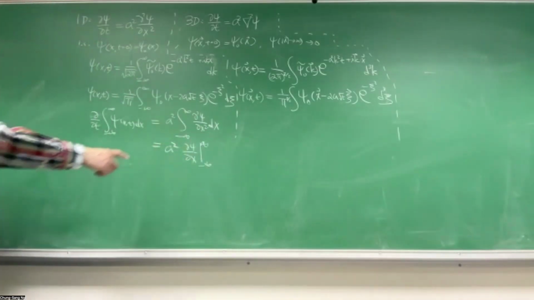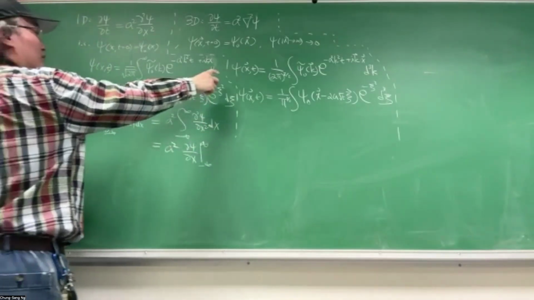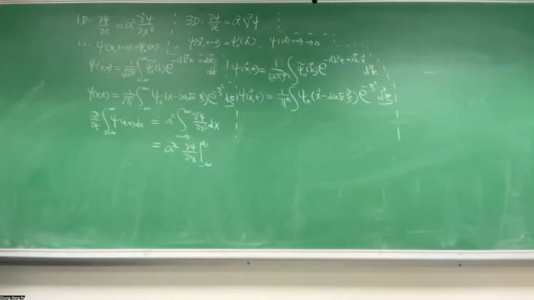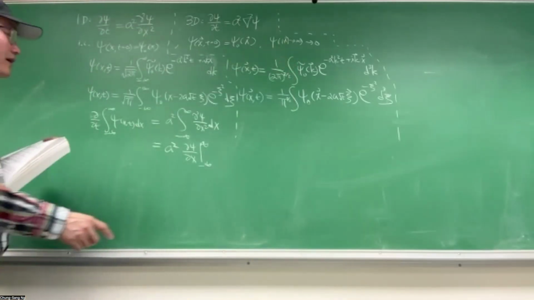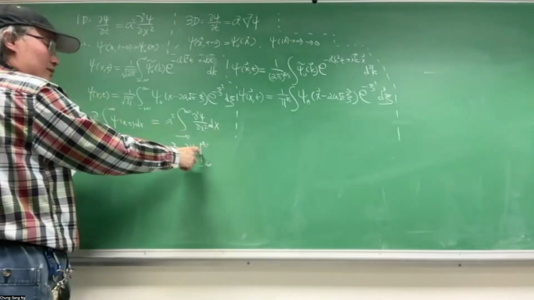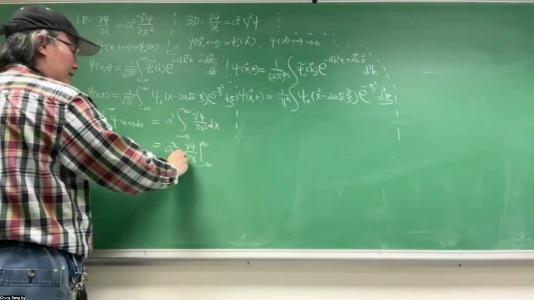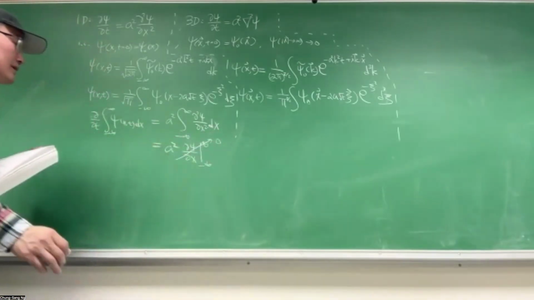And you can see that from the initial condition, this boundary condition of psi requires it to go to 0 at infinity, so that would be 0. That would be 0, right?